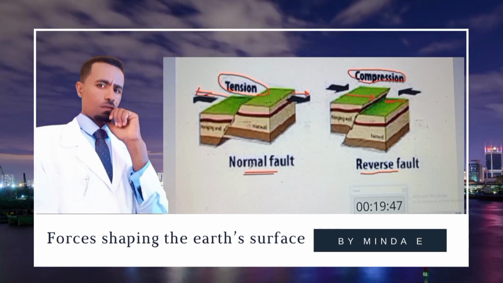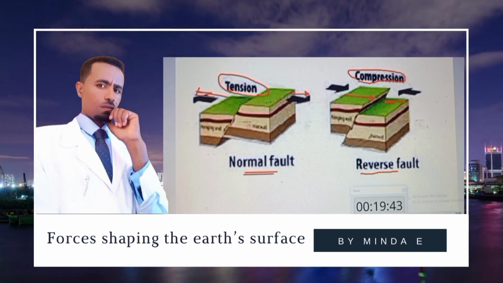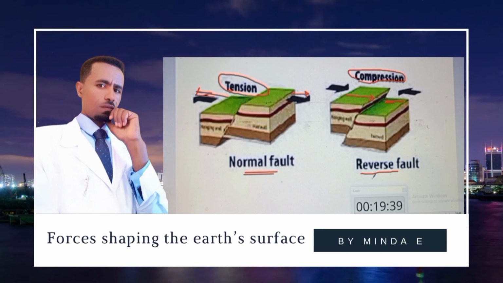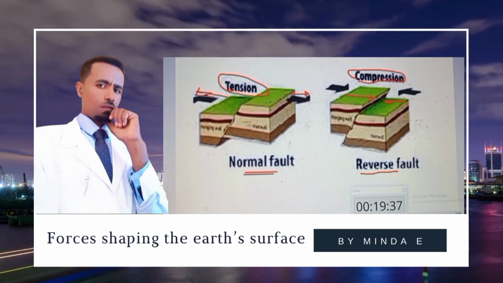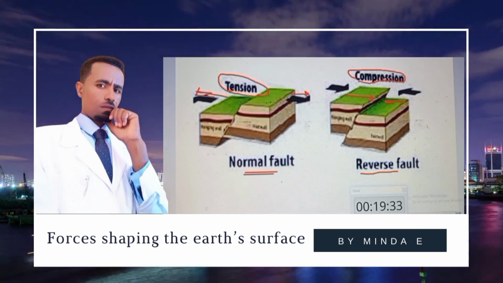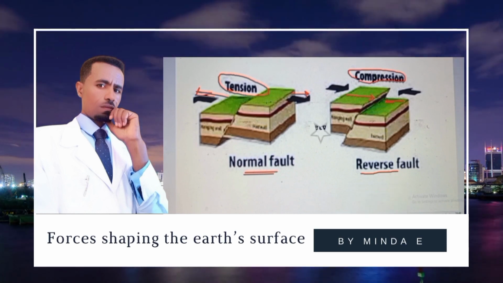This is a normal fault, while this one is a reverse fault. So compressional force produces reverse fault, while tensional force produces normal fault. So the difference between the two is clear.